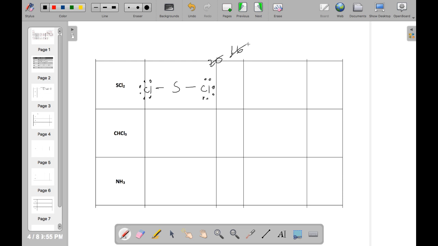Okay, well, now I have 4 more. These already have 8. But this sulfur only has 1, 2, 3, 4. So I'm going to have to put these lone pairs on this sulfur. There's nowhere else I can put these, and this makes it so this has 8. 1, 2, 3, 4, 5, 6, 7, 8. So that's actually correct. Although it looks a little weird, that's correct.